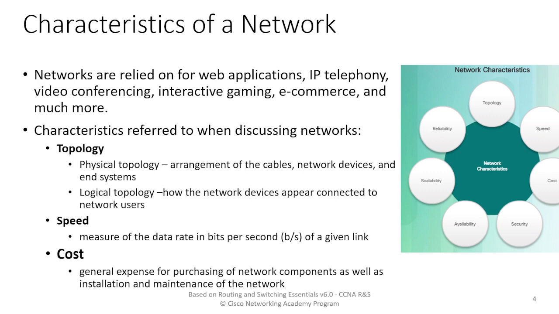So this will have to be considered, particularly if we are looking at other characteristics like speed, for example. Sometimes we will have to compromise speed to get a better cost calculation for the overall network. Or if speed is essential, we may have to go up in cost. So those are some trade-offs between these characteristics that we will come to.